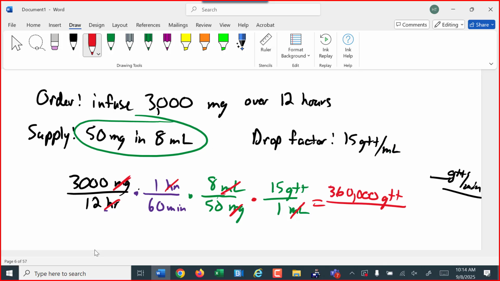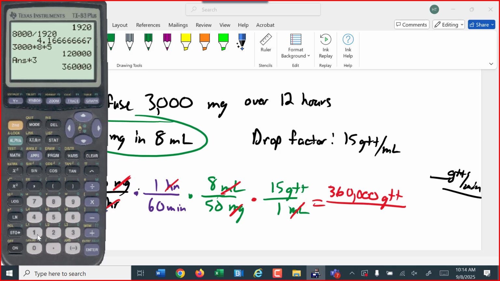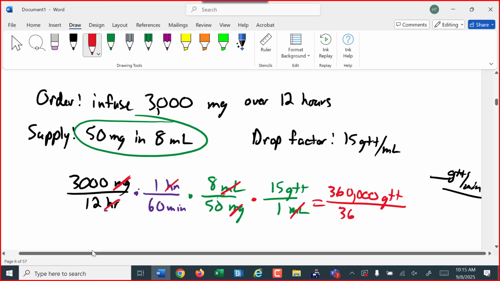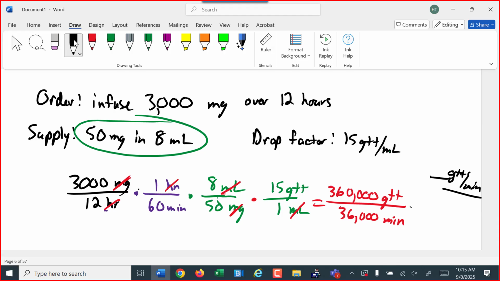On bottom, we have 12 times 60 times 50 gives us 36,000 minutes. And so that divides out. 360,000 divided by 36,000 is just 10, and then drops per minute.